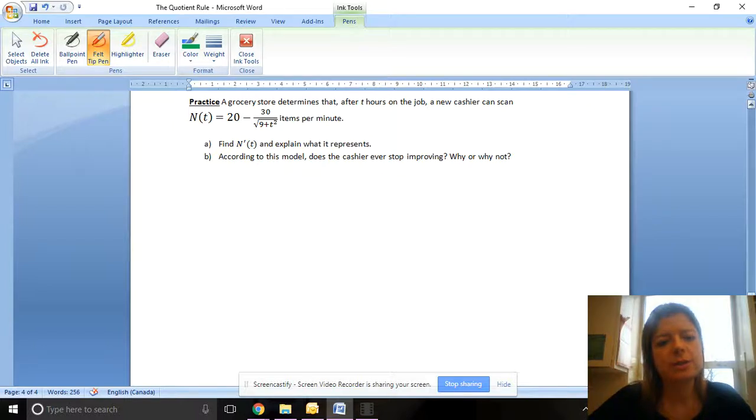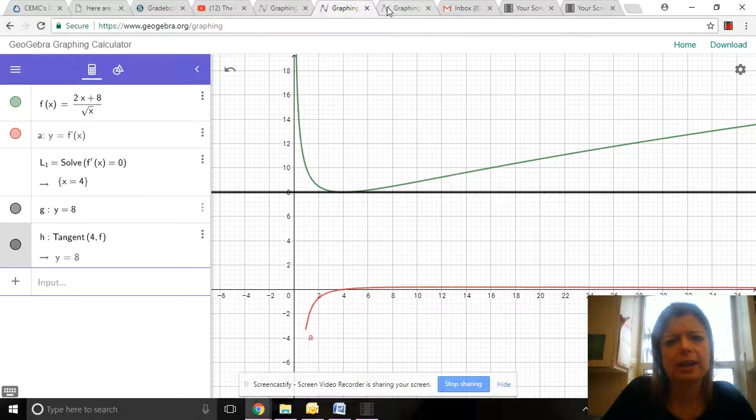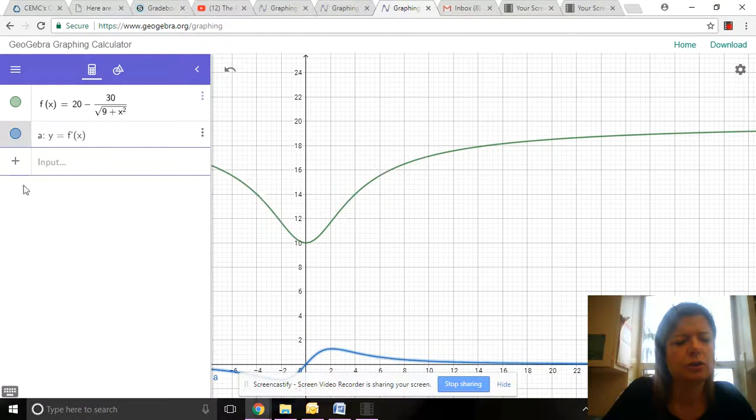So this grocery store determines that after T hours on the job, a new cashier can scan this many items per minute. So before we even go on to the derivative, let's take a look at what is going on with this function. So 20 minus this weird thing going on. So notice if I go and graph just this function on GeoGebra, so let's not look at the derivative yet.